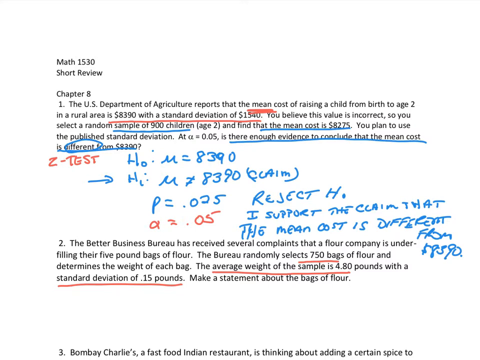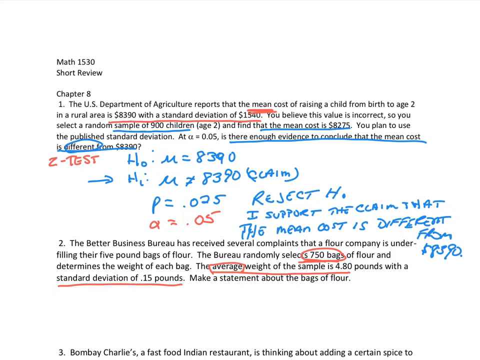So, I'm talking about means since it says average weight. I don't have any percentages in here. If I'm talking about means, it's going to be a z-test or a t-test if I can work it. Well, since I have 750 bags of flour in my sample, I can work it.